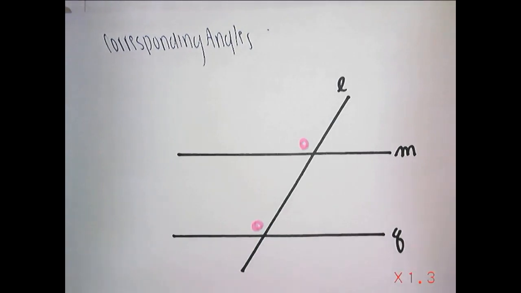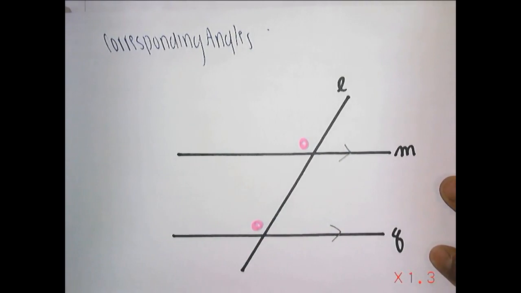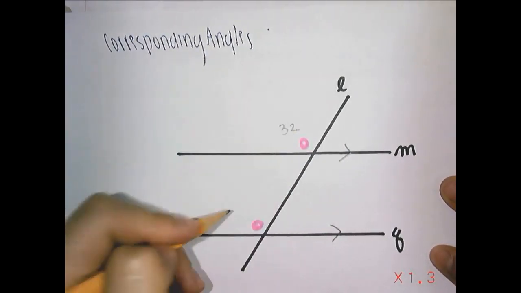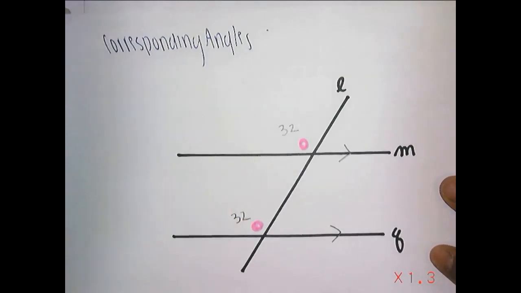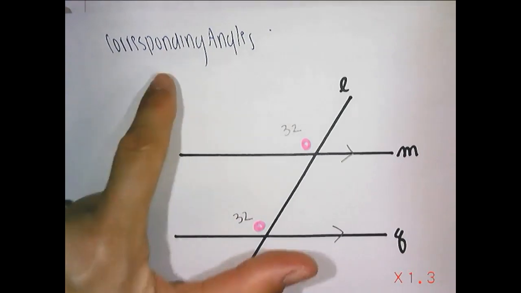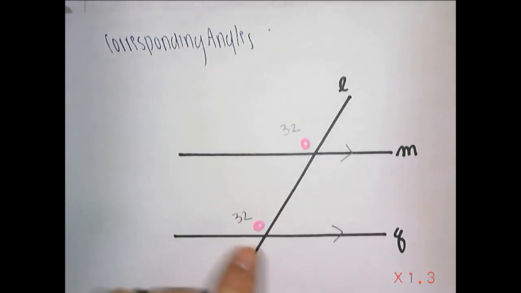And because these lines are parallel, these arrows mark and show that they're congruent. If I were to tell you that this was 32 degrees, this would also be 32 degrees. That's the property of corresponding angles when dealing with parallel lines.